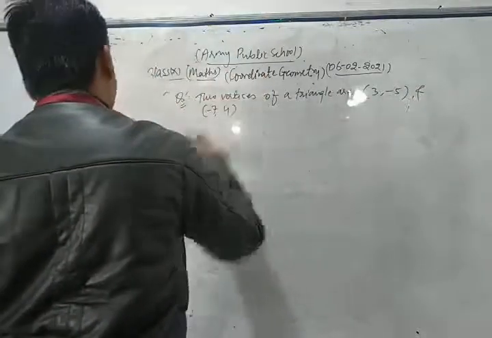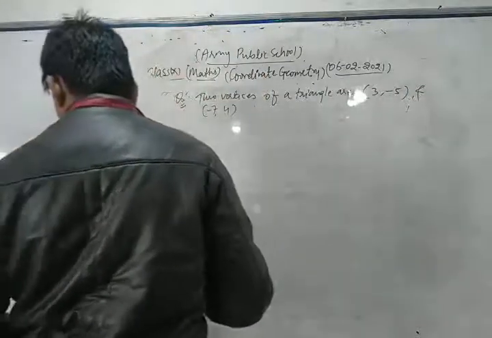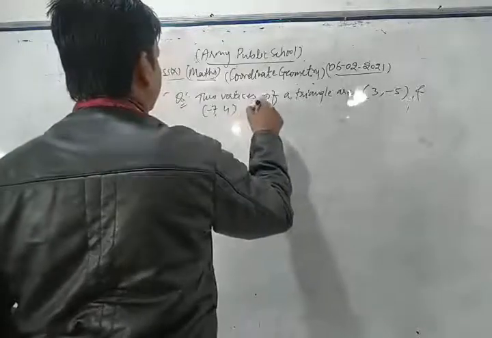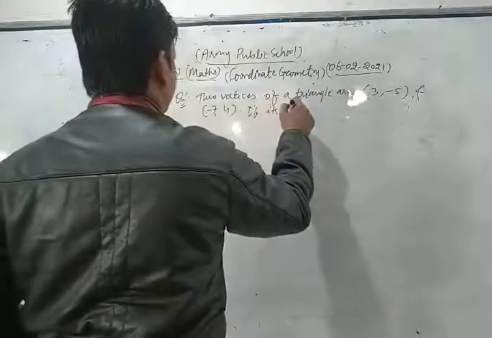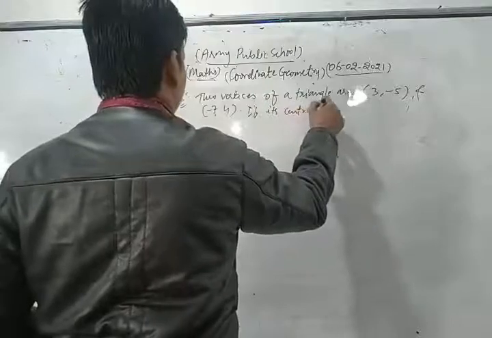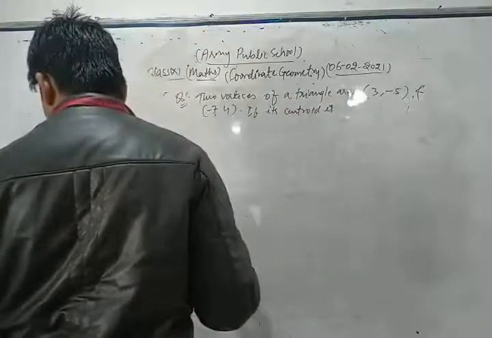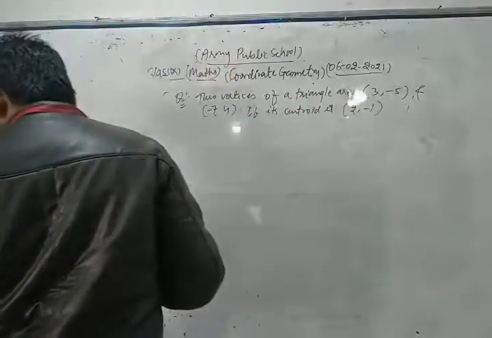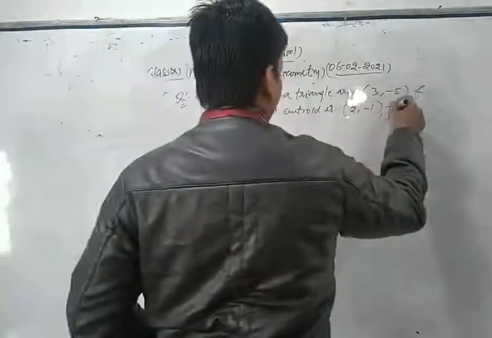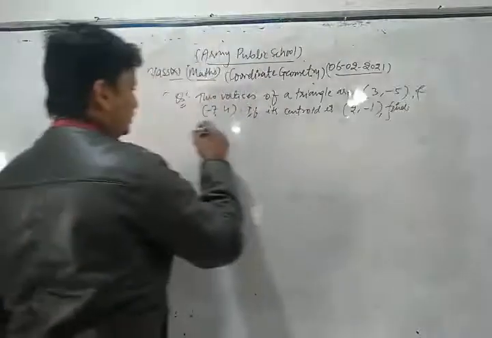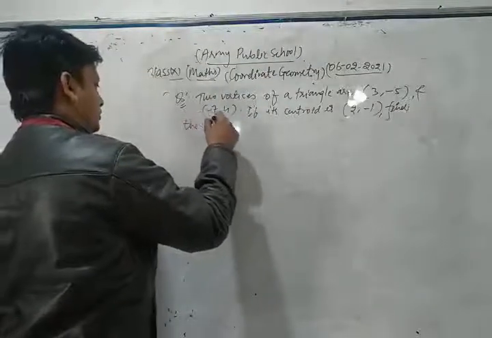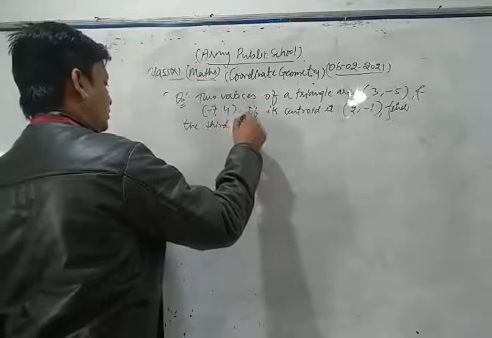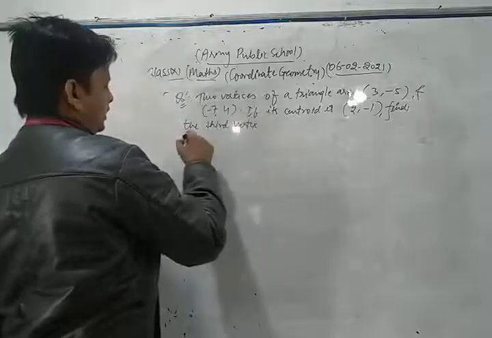If its centroid is (2, minus 1), find the third vertex. Let's see its solution.